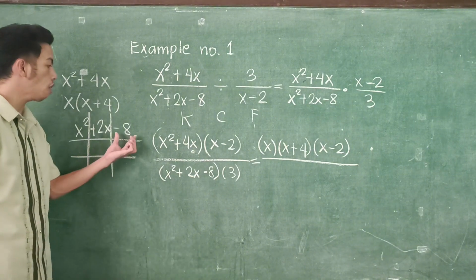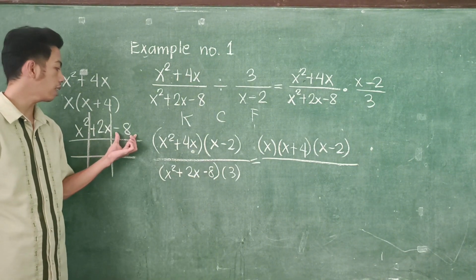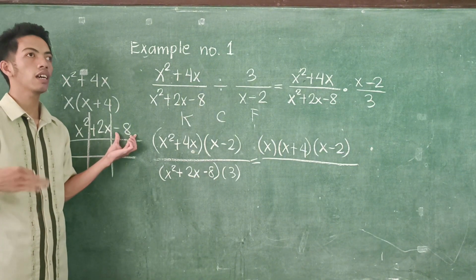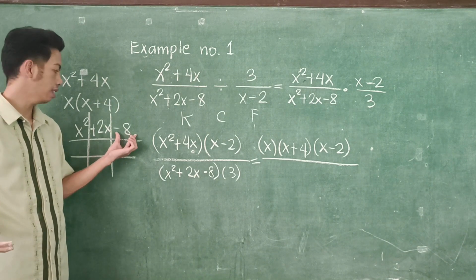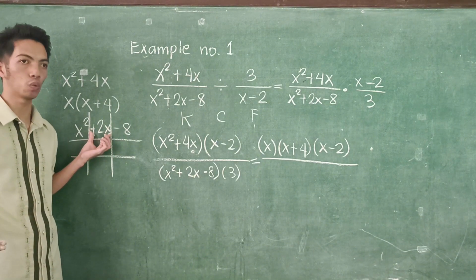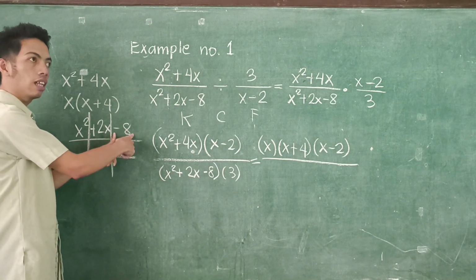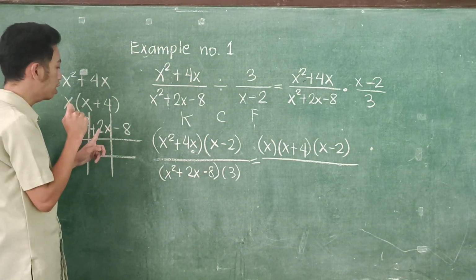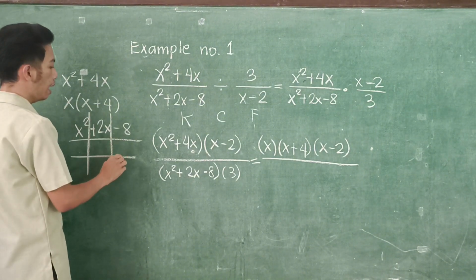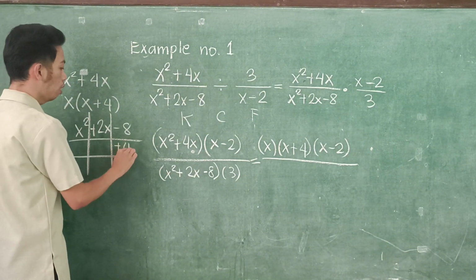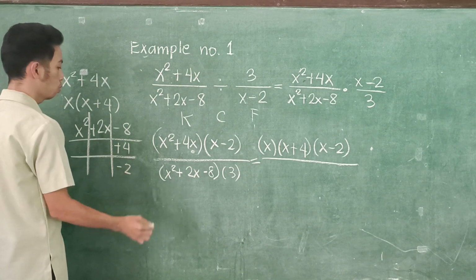So we will think of factors ng negative 8 na kapag pinag-add natin, we have positive 2. So the factors of negative 8 na kapag pinag-add natin ay magiging positive 2 ay positive 4 at negative 2.